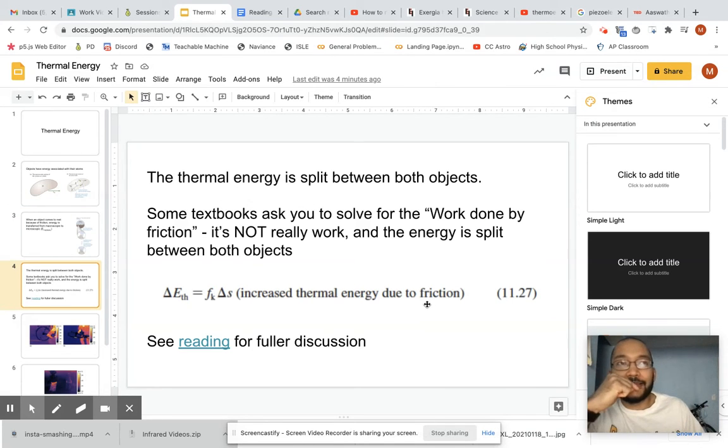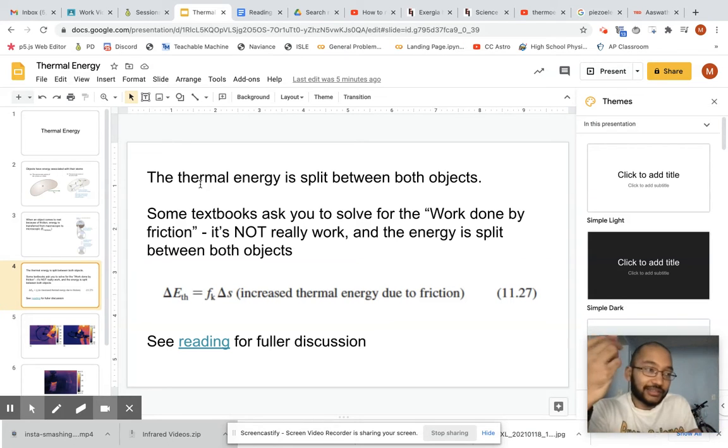A few key points here. That energy is split between both objects. We would detect this as a temperature change in the object that's moving and coming to rest, and also the surface that it's sliding on. I wanted to make a few mentions. There's a fuller discussion of this in the reading that I linked to, but you might see in some textbook problems, especially in our textbook, a request to solve for the work done by friction as something comes to rest.